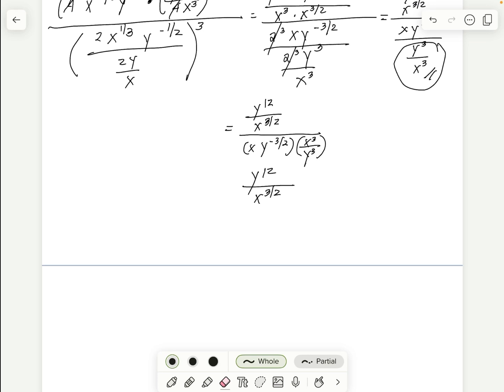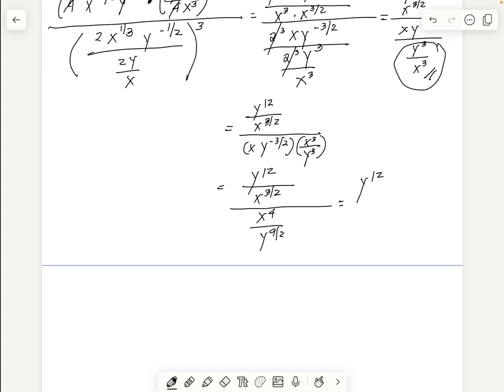Let's write this. Over x raised to the 4th over y raised to 9 halves. And then simplifying this, you get y to the 12 over x raised to 3 halves times y raised to 9 halves over x raised to 4.